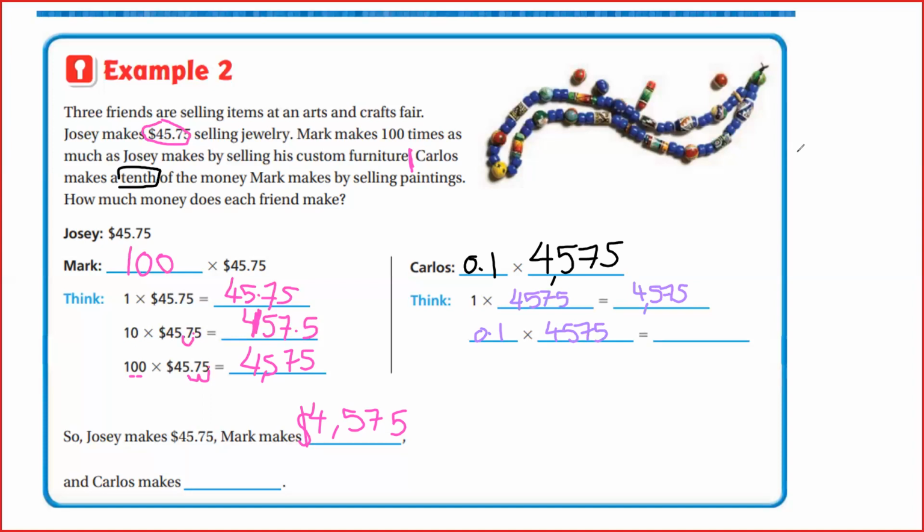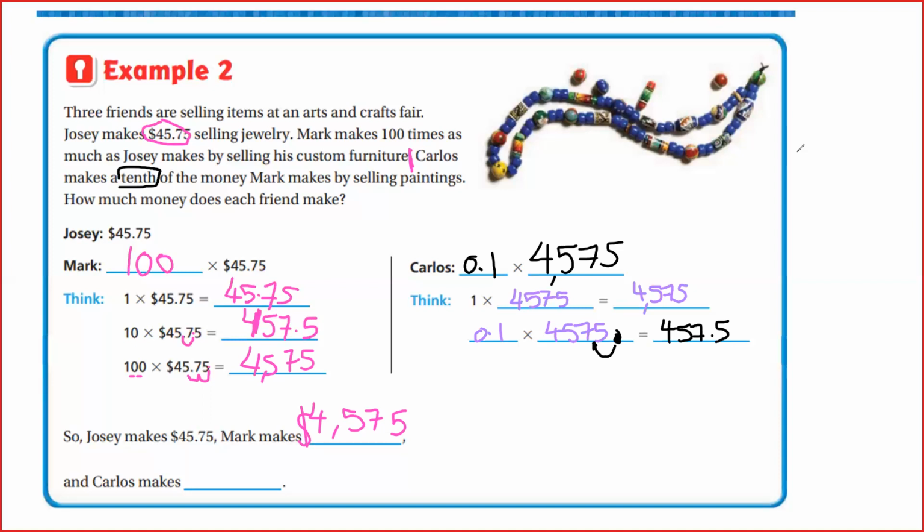So where is the decimal point here? It is after 5. So we move it to the left. So it's going to be 457.5. Is it clear? Oh, yes, teacher, so clear.